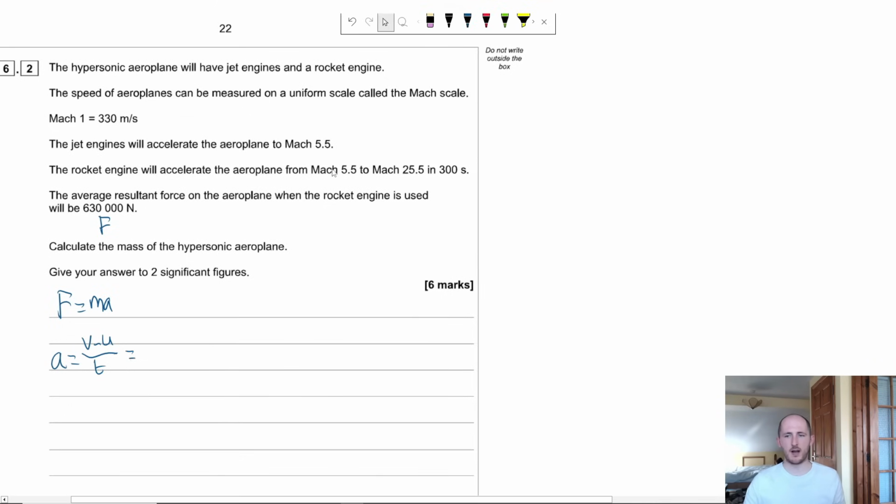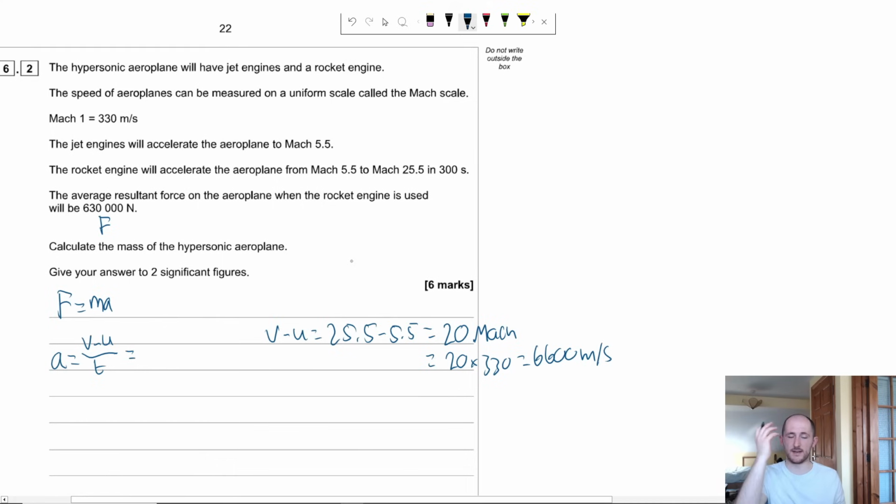Now, keep in mind that we probably want to actually work this out in terms of meters per second. So V minus U is just 25.5 minus 5.5, which is 20, or Mach 20 I should write. To change that into meters per second, we do 20 times 330, which is going to be 6,600 meters per second.